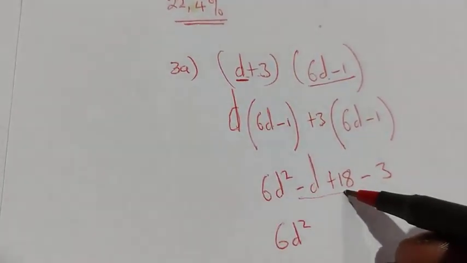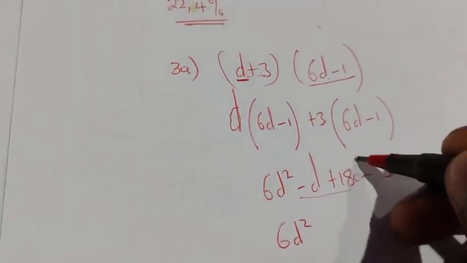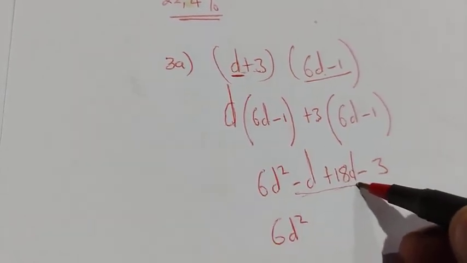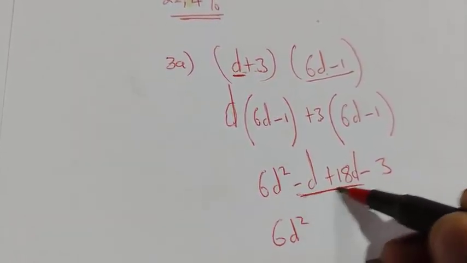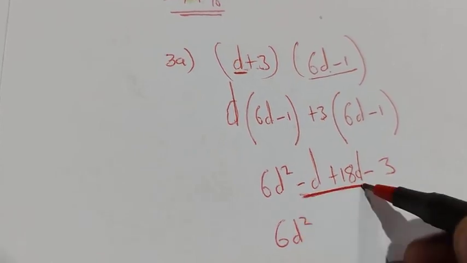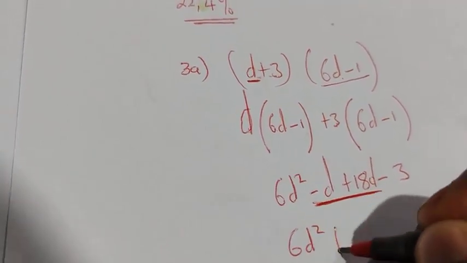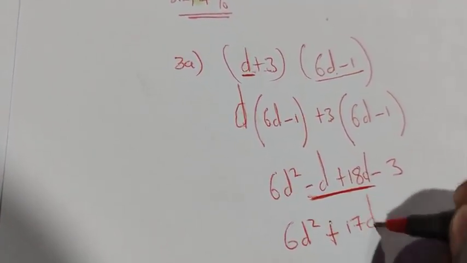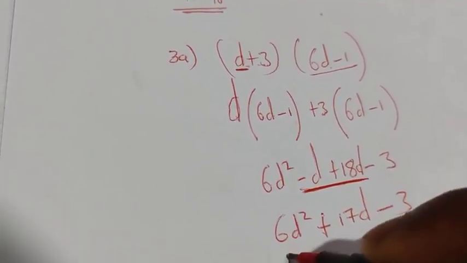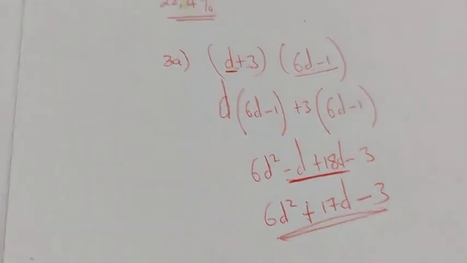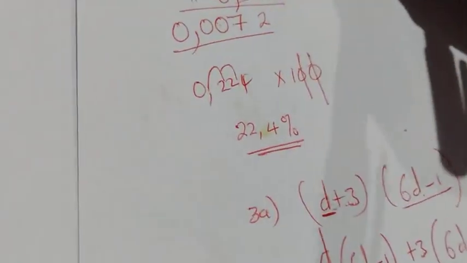Minus d plus 18d. We call these like terms. So minus d plus 18d, that's plus 17d. Then minus 3. Right? That's what we were supposed to do.